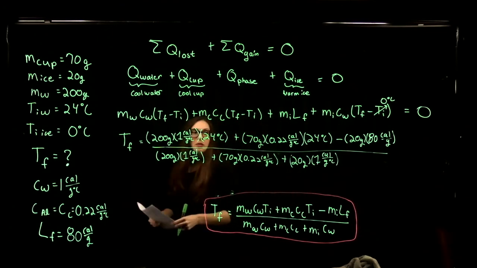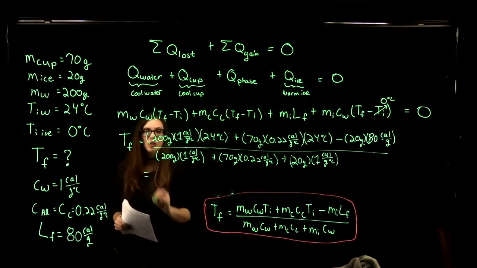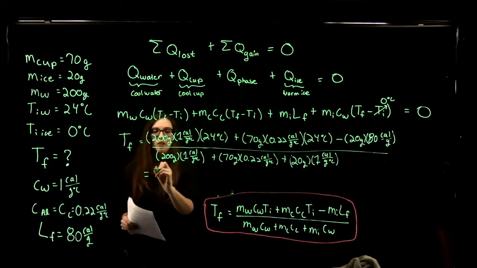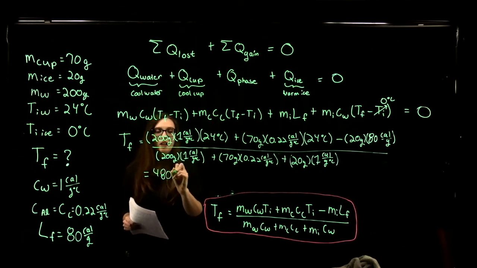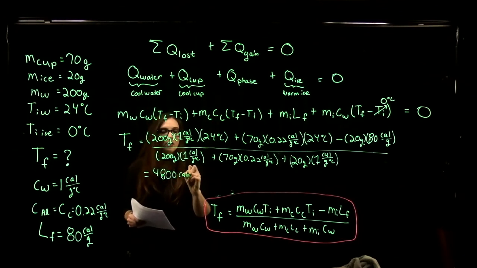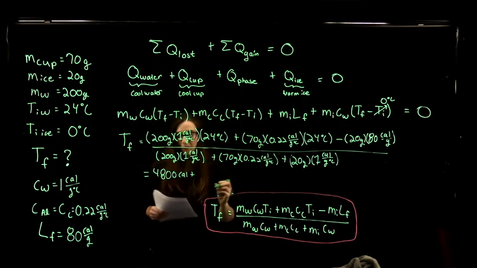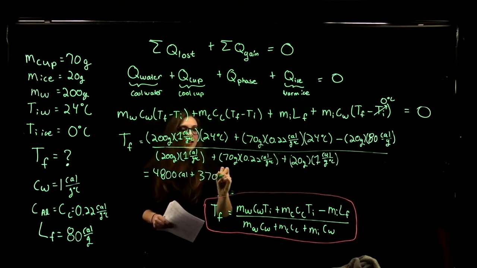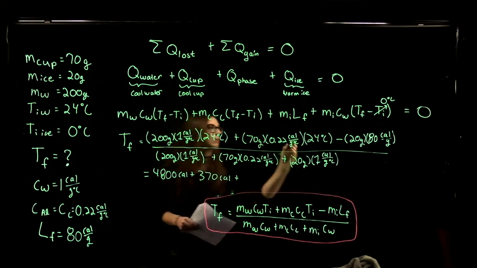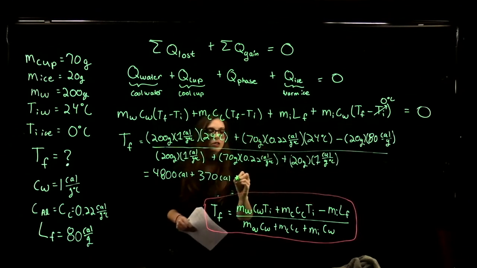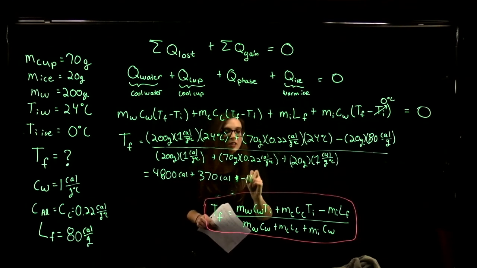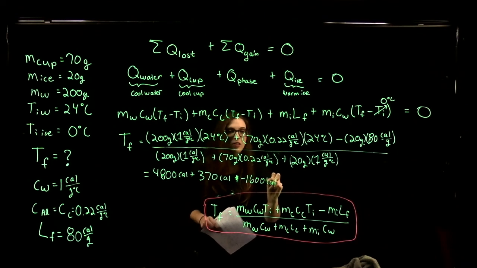Okay, so then this first term is 4,800 calories, plus the second term is 370 calories, plus my third term, actually this should be minus 1,600 calories, okay?